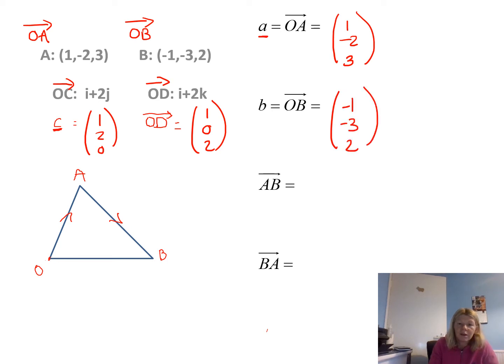A bit easy. Vector A to B: remember if you're drawing it with the position vectors, they must always come from O. Vector A is coming from O up to A. Vector B is O to B. So actually, travelling from A to B, you're going from here to there.